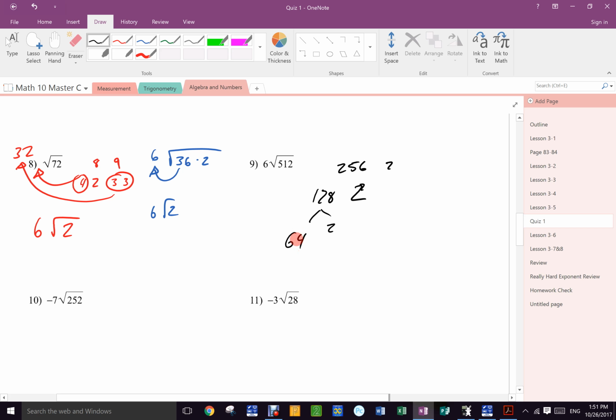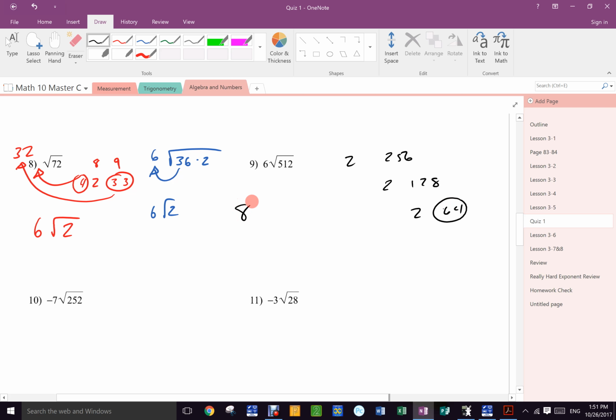And then you could probably stop. Because you would know 64 was 8, right? 256. Right? 2 and 128, right? 2 and 64, right? I'm going to stop there because I know 64 has a square root.